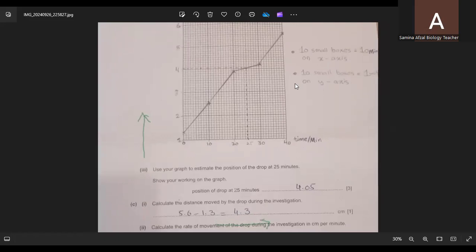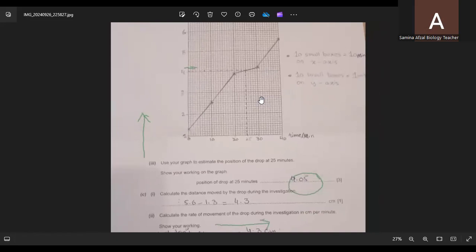It will be between 20 and 30 minutes. At 25 minutes I have drawn this dotted line, which shows the value 4.05.